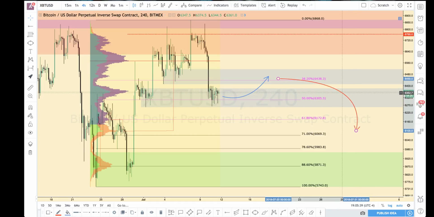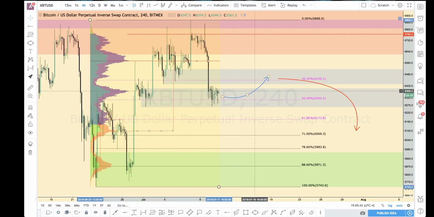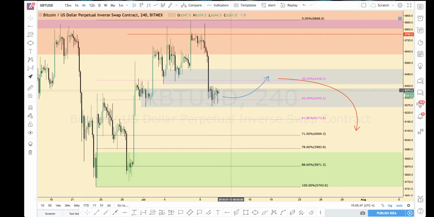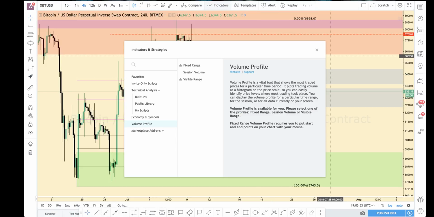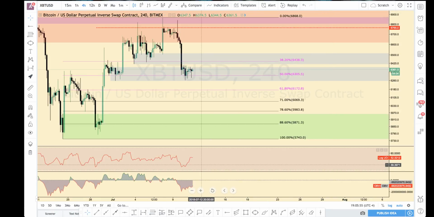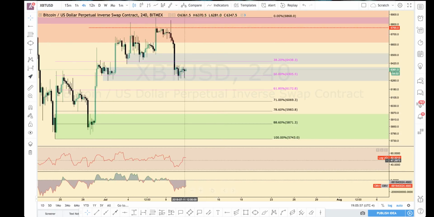That's also a valid situation. I don't know. I just do know that I'm looking for a move up. And then once that move up happens, I'm going to look at the volume. The volume is important. Let me show you why the volume is important. I'll bring these back later.